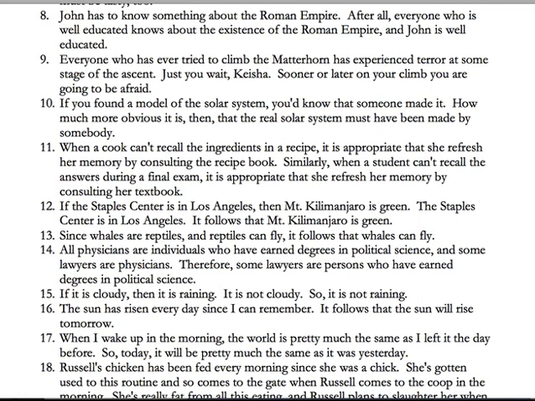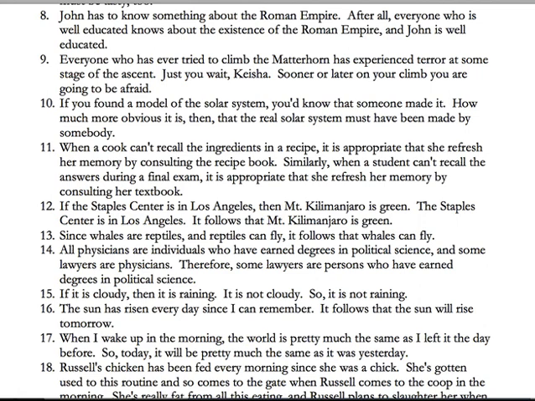Argument 10. If you found a model of the solar system, you'd know that someone made it. How much more obvious is it then that the real solar system must have been made by somebody? Take a look at the word then.